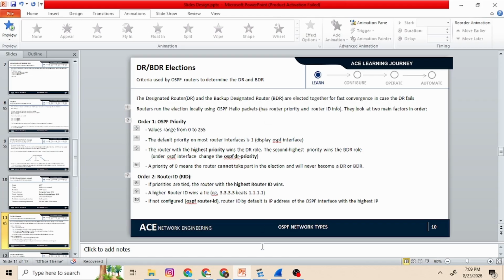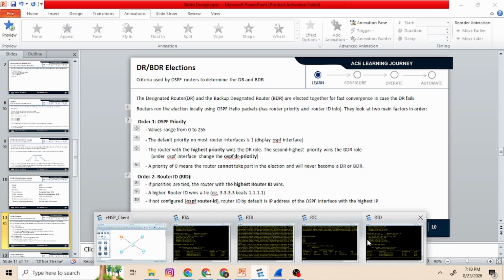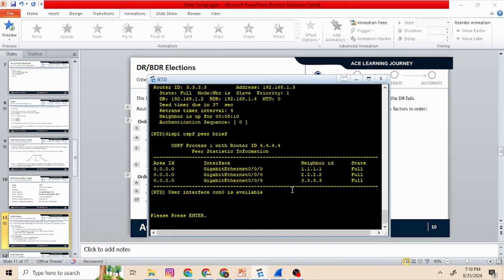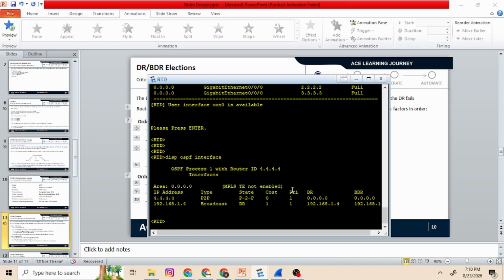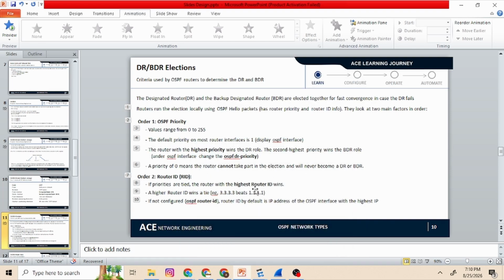Let's see that one with a practical case. We had this earlier. So we can say display OSPF interface. And you can see the priority is 1. Here is the priority. By default, the priority is 1.